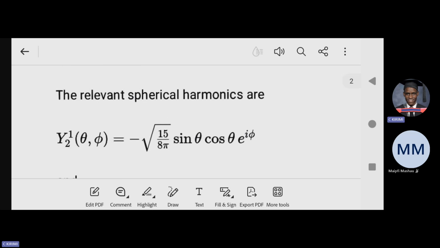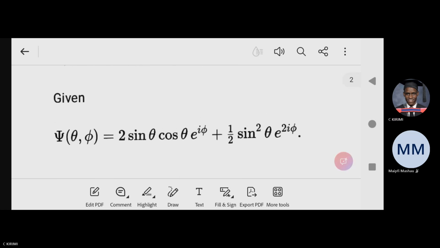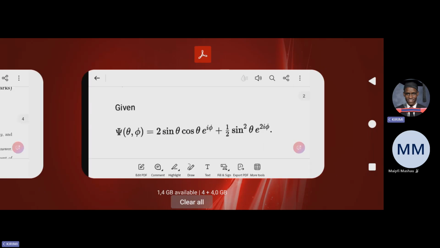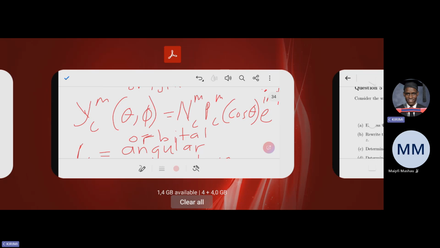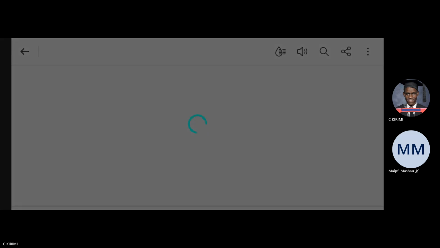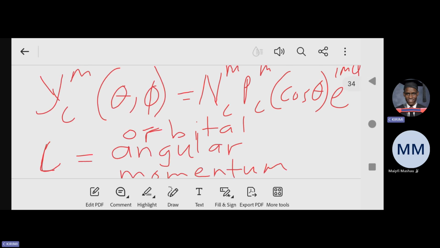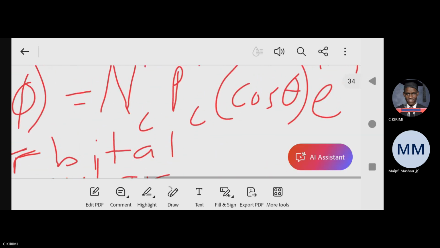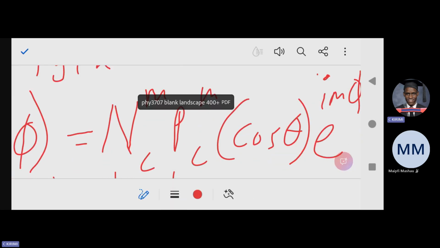What is the relevant spherical harmonics? Which means we are checking from what we are given here. You check with the standard equation for spherical harmonics. So you check the value of L, and then you check the value of M. Here you can see e to the power i m phi.